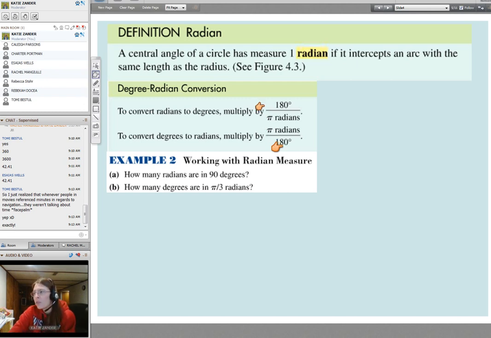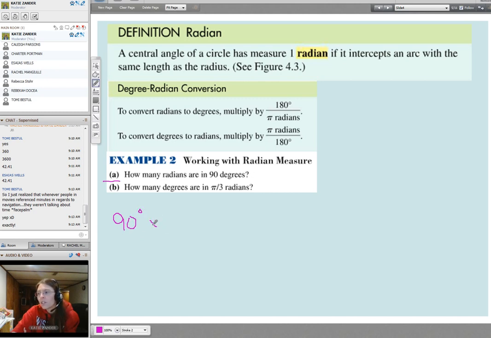So how I always remember it is I just remember the 180 and pi. And when I go to set up this problem to convert, I always ask myself, what do I want to cancel out? Because that's going to help me set up the ratio that I want to use in that problem. So for example, in part A, how many radians are in 90 degrees? So you're starting out with 90 degrees.